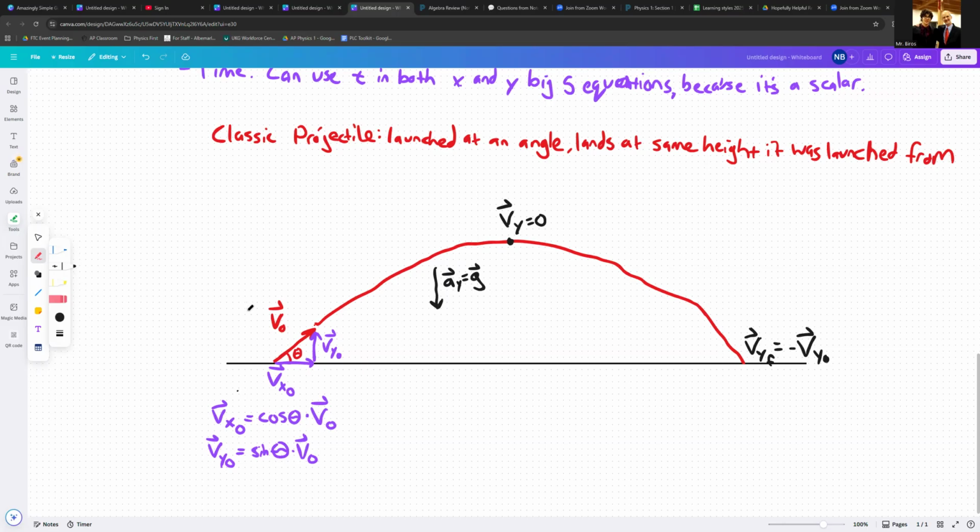So if we launch it upwards from the ground at 5 meters per second of upwards velocity, it will come down, and just before it hits the ground, that final velocity right before impact would be -5. So if we start at positive 5 meters per second, we'd end at -5.